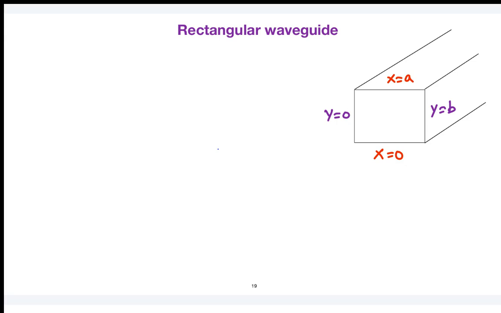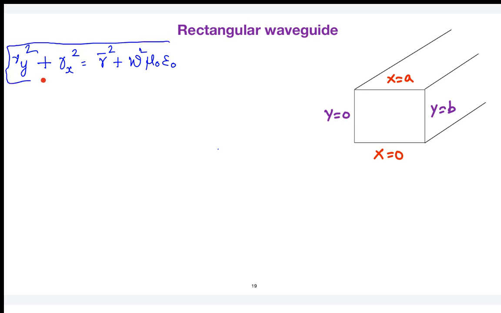If you remember, in the last class I told you about the wave propagating in the x direction. In the classical mathematics, we arrived at one of the equations: gamma x square is equal to gamma bar square plus omega square mu naught epsilon naught. Now the only change here is that in the rectangular waveguide there is another dimension y, so the equation is going to be modified.